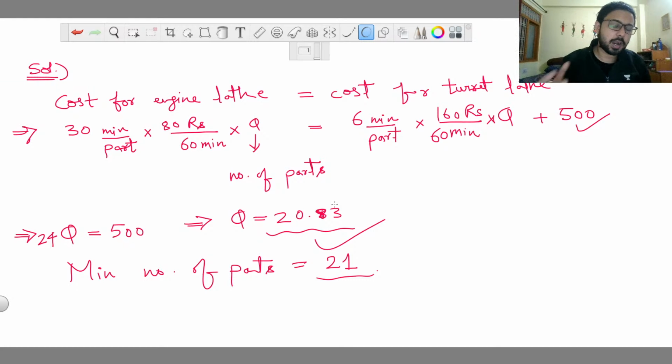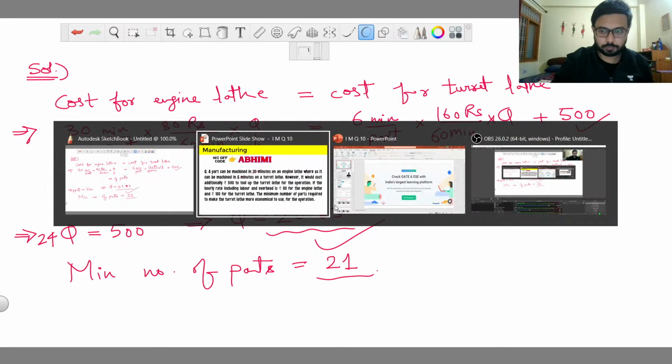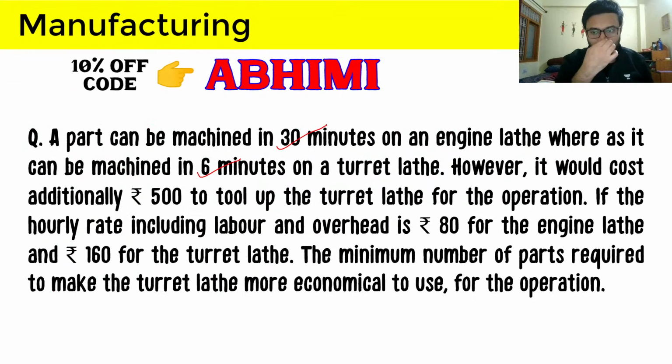But since parts are whole numbers, there is nothing such as 0.83 of a part, it is always 1 or nil. So therefore we have made that 21. I hope this question is clear to you. So let me write its answer here.